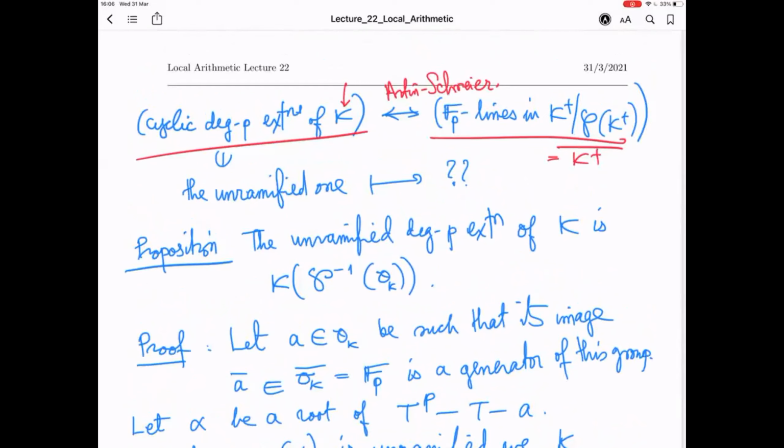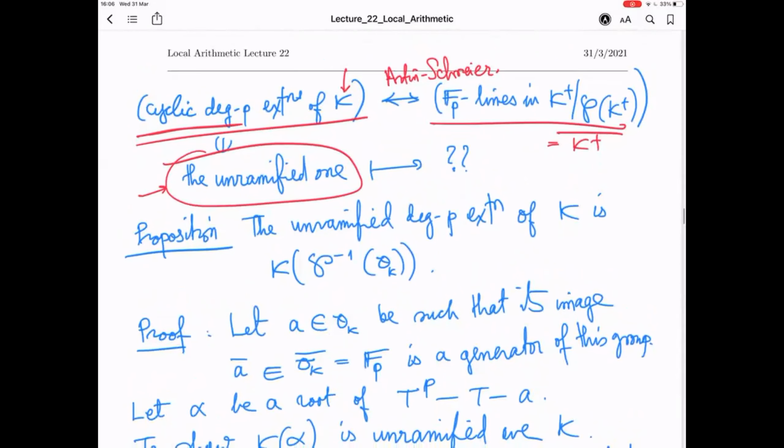But now my k is a p-adic field, and p-adic fields have a special cyclic extension of degree p, namely the unramified one. And the question arises: which line does it correspond to? There has to be a special line in this field which corresponds to the unramified degree p cyclic extension, right?